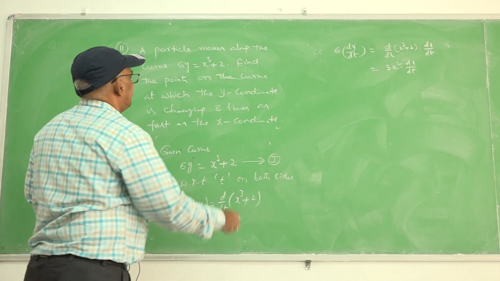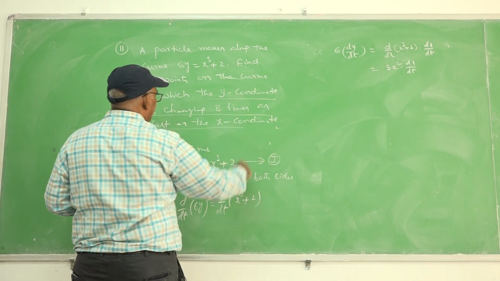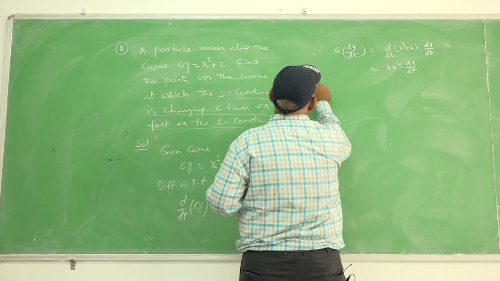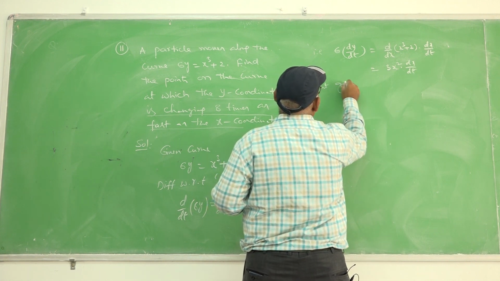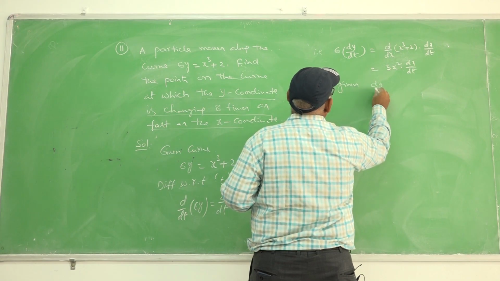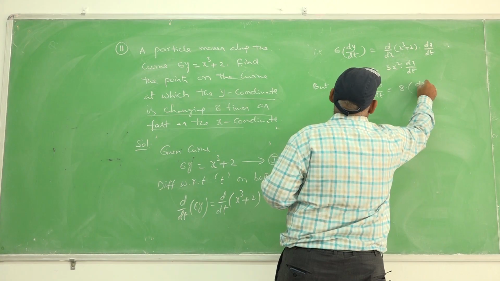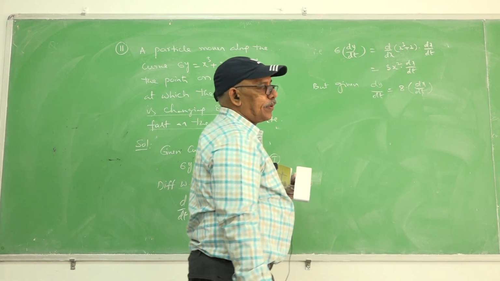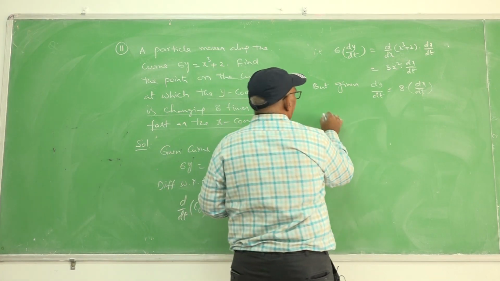But given that the y coordinate is changing 8 times as fast as the x coordinate, the rate of change of y is 8 times the rate of change of x. So dy by dt is 8 into dx by dt.